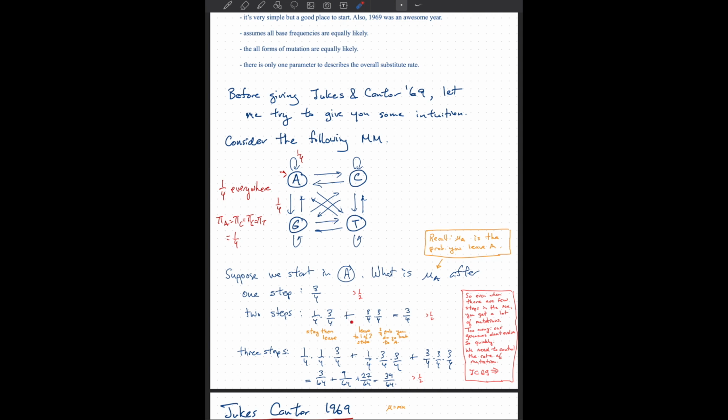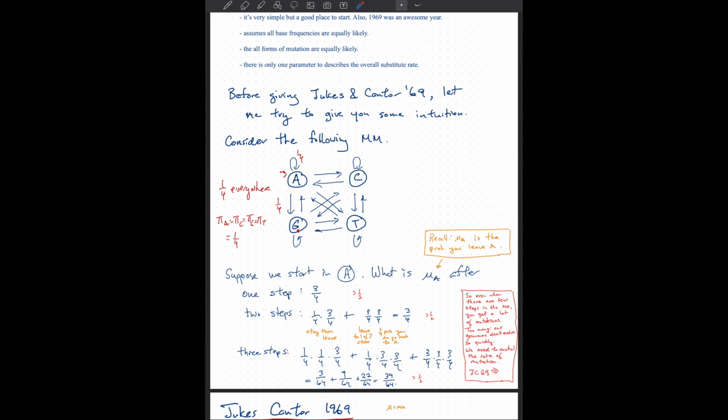A different thing that could occur, a different series of events, that's why it's plus, is that I stay in state A, I mutate away from state A, and then whatever state I'm in, so that occurs again with 3/4, because I have either go to G, C, or T, each with 1/4, right?